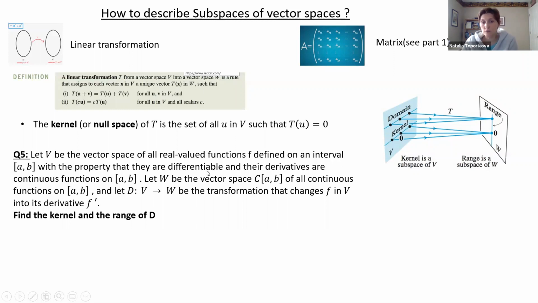So it's a pretty simple transformation. If you took multivariable calculus, you've probably done it hundreds of times. But let's approach the same problem from the linear algebra point of view. So let's try to find the kernel and the range of this transformation.